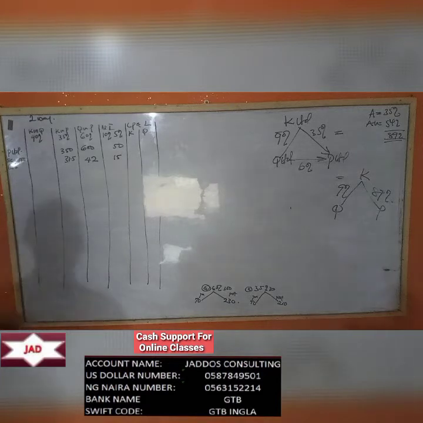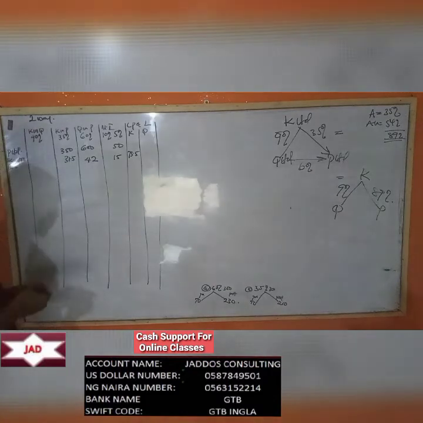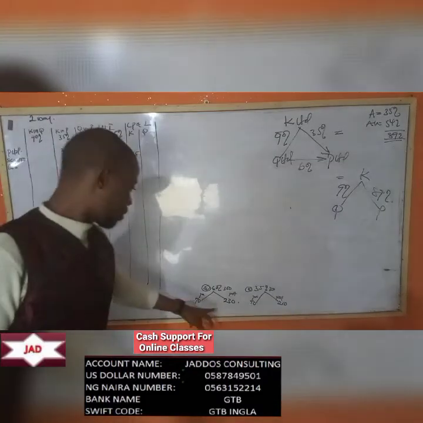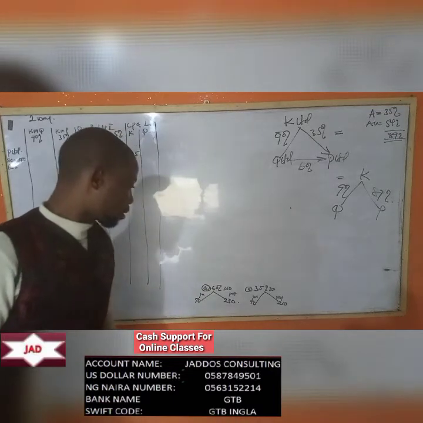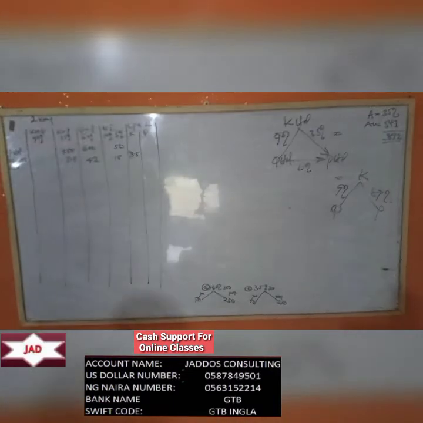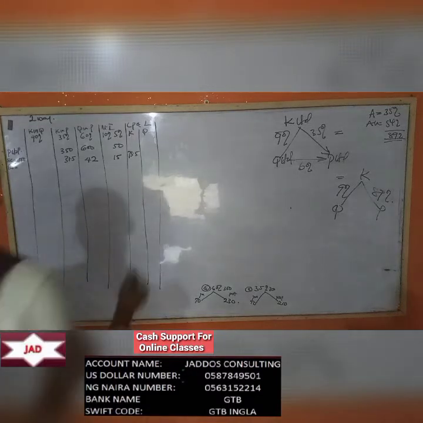That's 73.5. Q will be 0.6 times 230. That's 138.